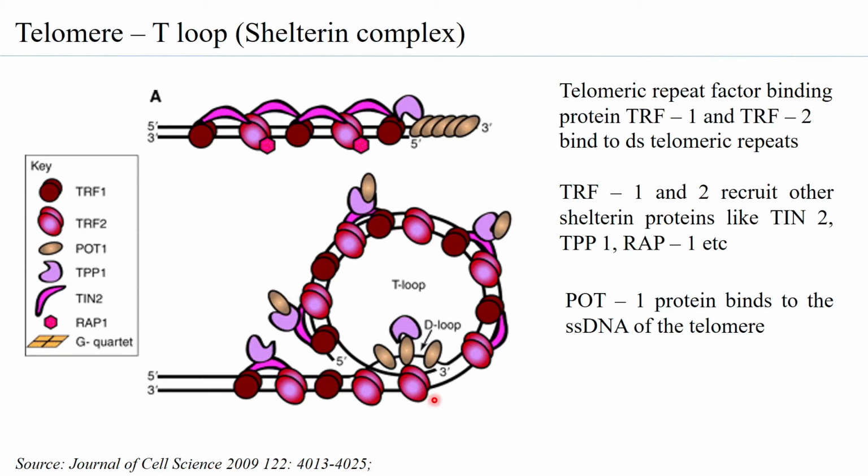Also interesting to notice that many of these Shelterin proteins have regulatory roles to play. That means these proteins prevent the DNA repair molecules from coming and binding to this region, because an overhang is generally considered to be a cut end, and if it is a cut end, then that is considered to be DNA damage.